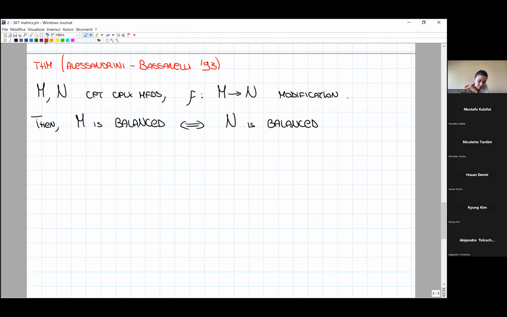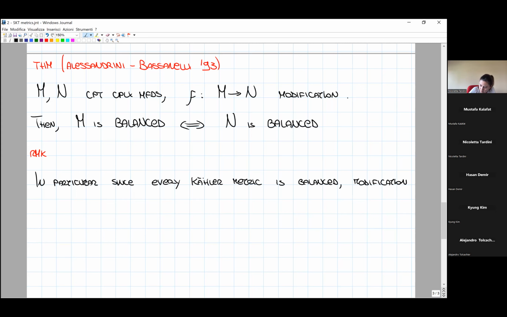So let me make this remark. In particular, since every Kähler metric is balanced, modifications of Kähler manifolds are balanced.